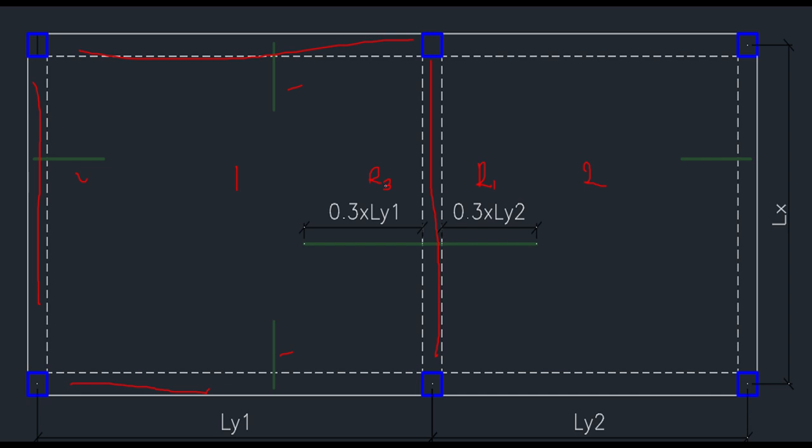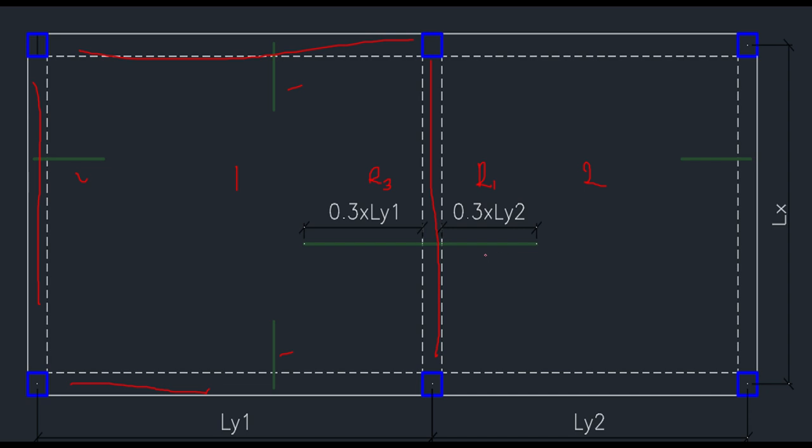So R3 for slab 1 is going to be 0.3 multiplied by the length in which R3 is parallel to. The length in which R3 is parallel to is LY1. So that's going to be 0.3 multiplied by LY1. Then this reinforcement is also going to cut across the beam and enter into slab 2.